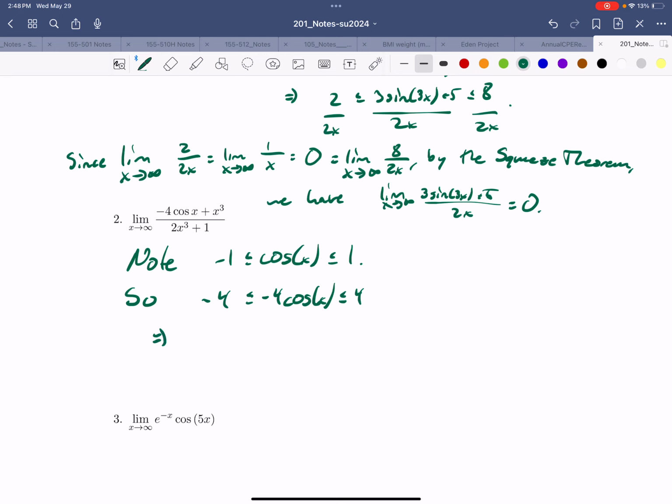Bust out some implies symbols. Here we're going to add x cubed to all 3 sides. Divided by 2x cubed plus 1 to all 3 sides.